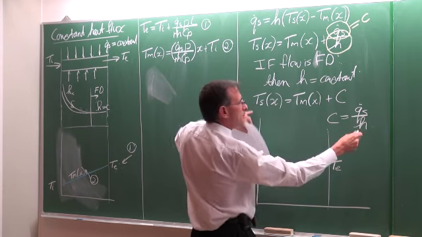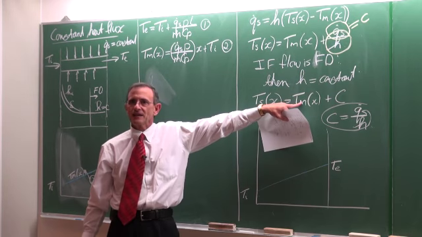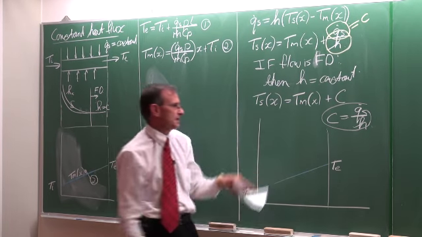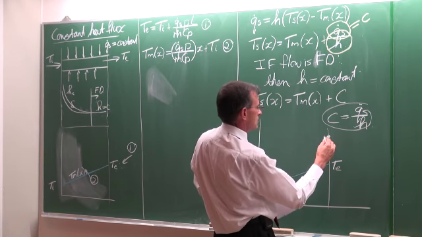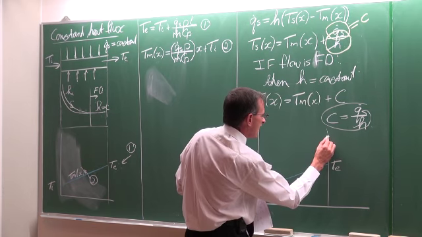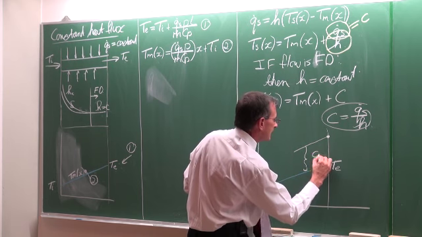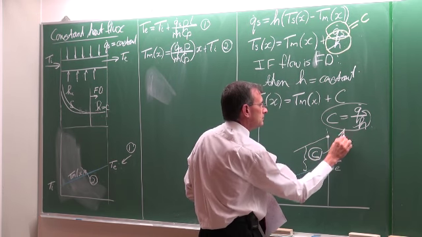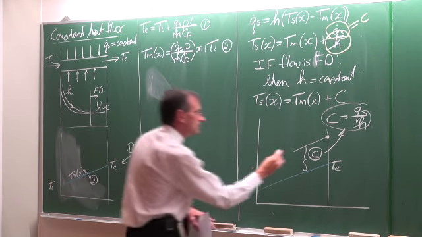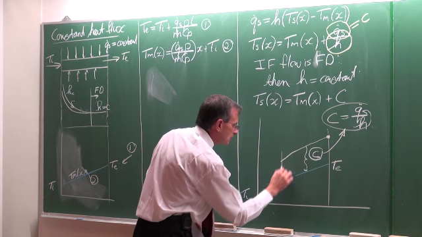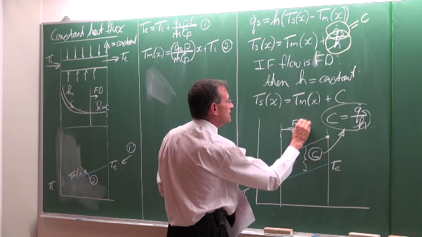If this is known and we have that temperature, it is very easy to get the outlet temperature. That temperature of the surface would be there, and that would be the distance C, up to the point from where the flow would be fully developed.